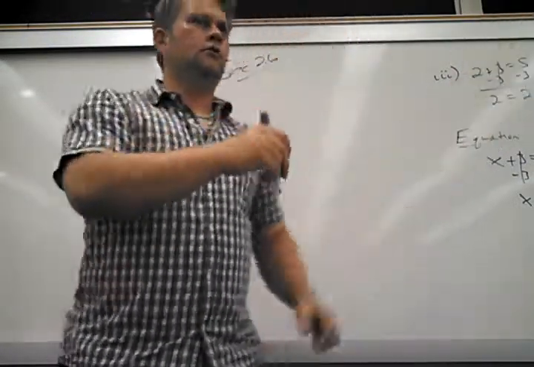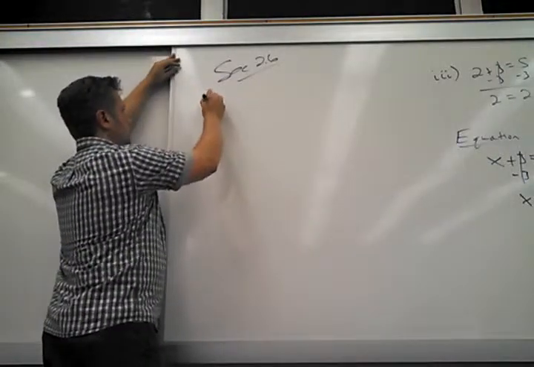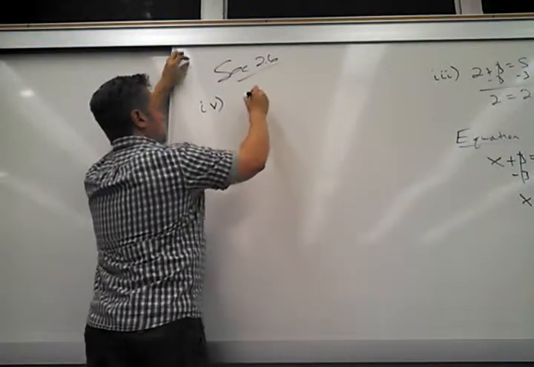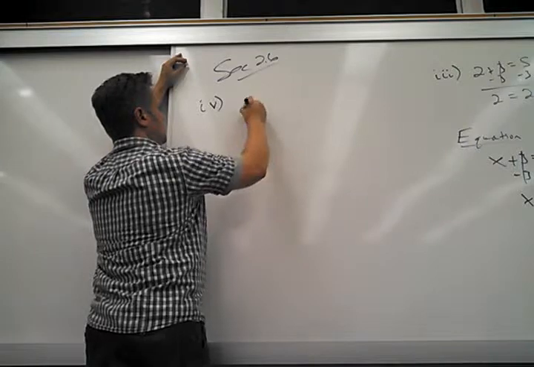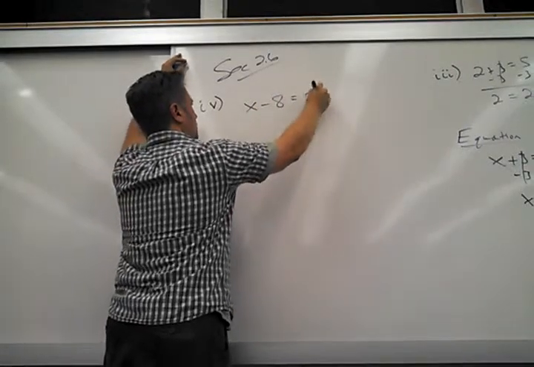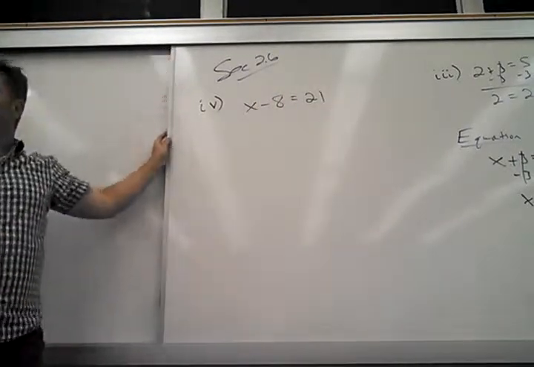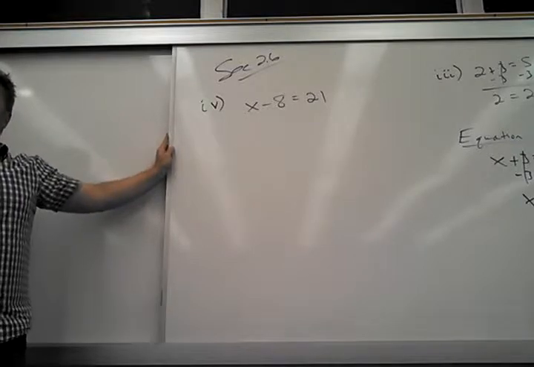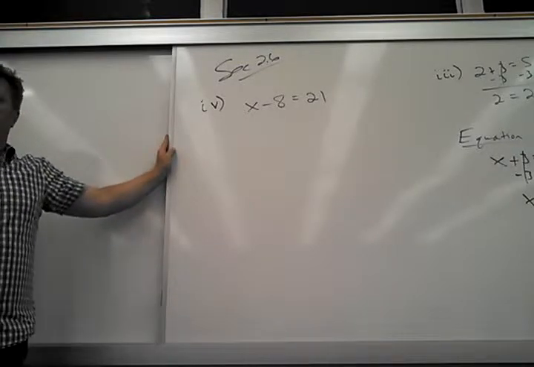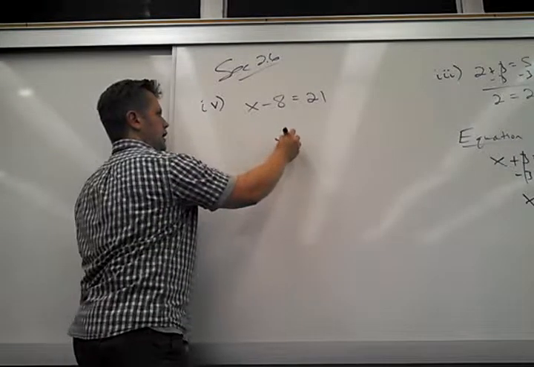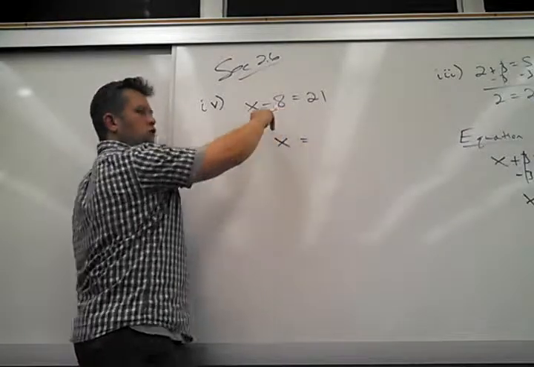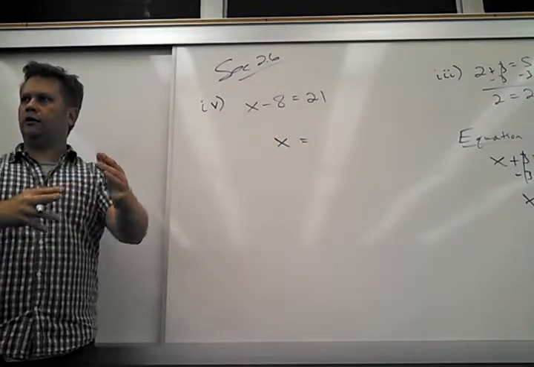You with me? So what if I had this? Let's see. What would you do to both sides? Negative. Yeah, because again, if our goal is to get x by itself, we actually end up doing the opposite of what's happening currently, right?